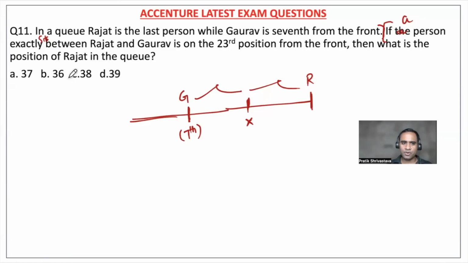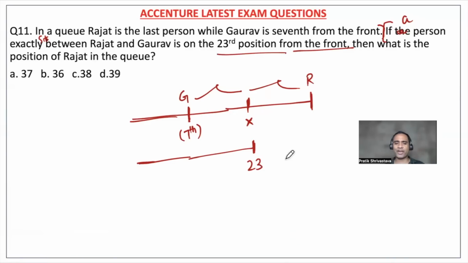Now, the person who exactly sits between Rajat and Gaurav is 23rd from the front. Now, my dear friends, this is 7th, right? So 7th to 23rd, that means there are 16, including Gaurav.